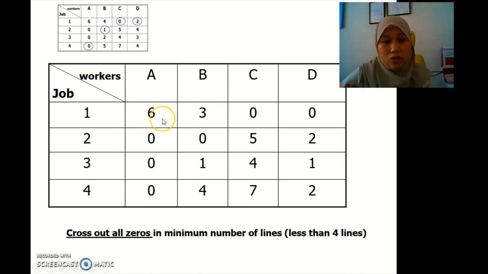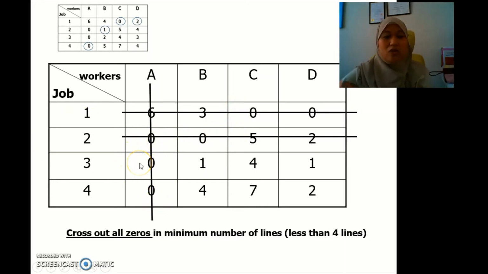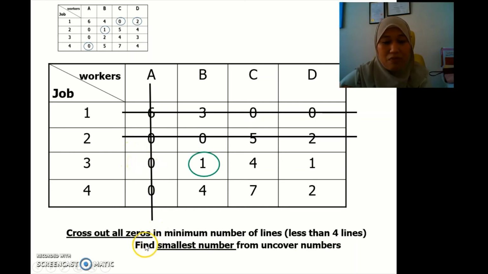Okay, so since our matrix is 4 by 4, so we need to cross with 3 lines. Is it possible to be done? Okay, let's see. 1, and then 2, 3. Okay, yeah. So we cross all the zeros here with 3 lines. So next step is find the smallest number from uncovered numbers.